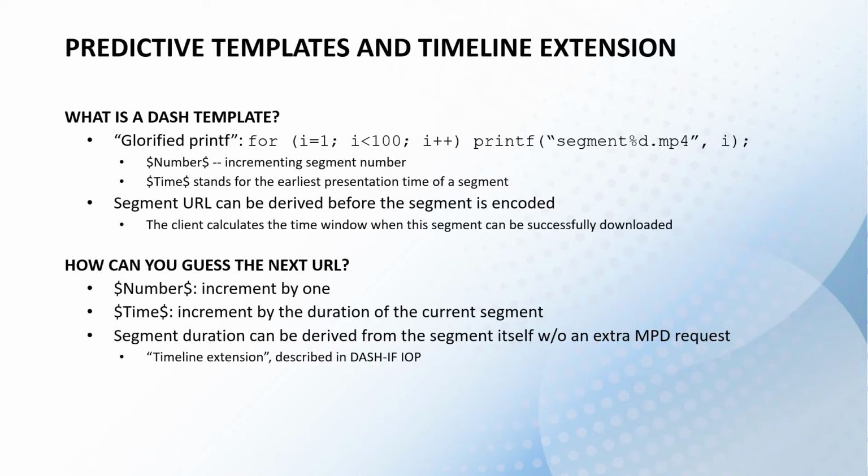Since you can do this, ideally, you can download your MPD only once in the beginning of time, and then download a segment, look at its duration, construct the next request given the duration and the template, and you're done. And you can keep doing this forever. This is called timeline extension, and this is described in IFIOP.